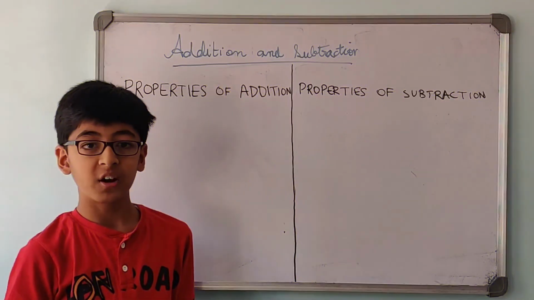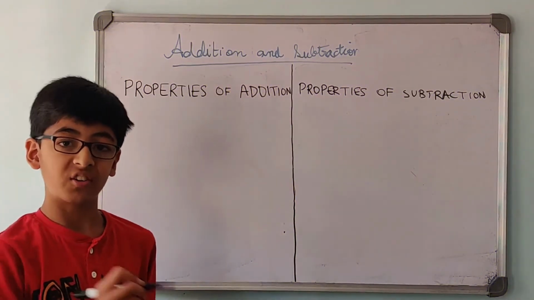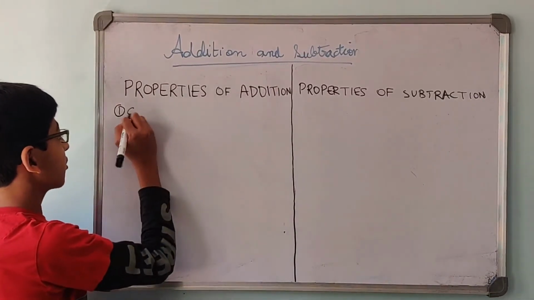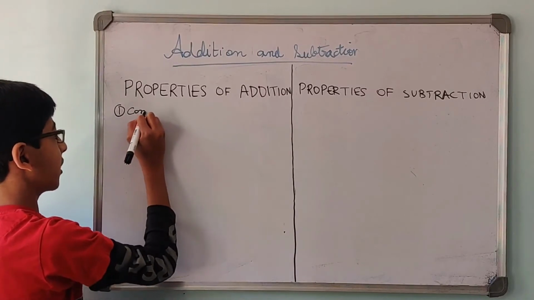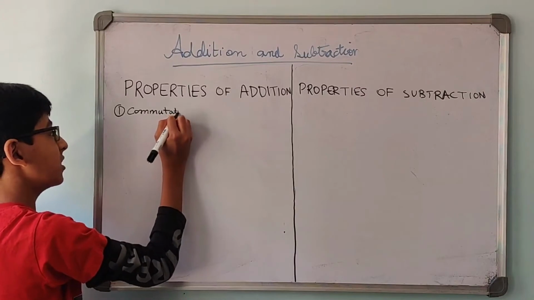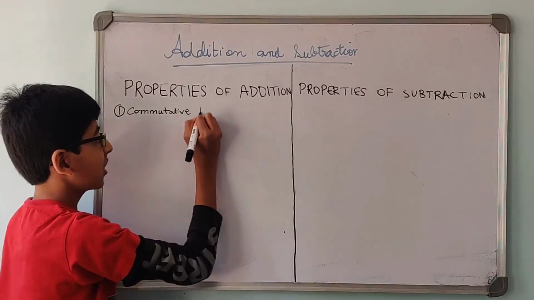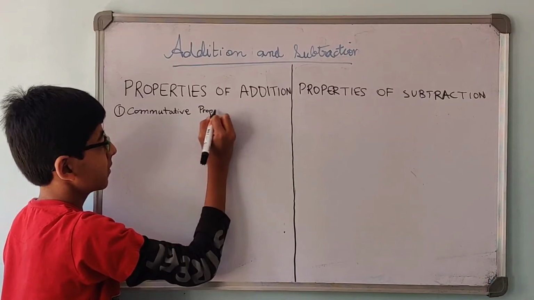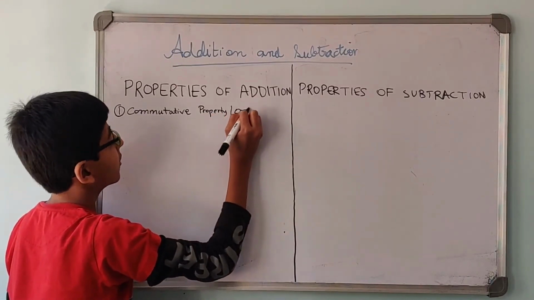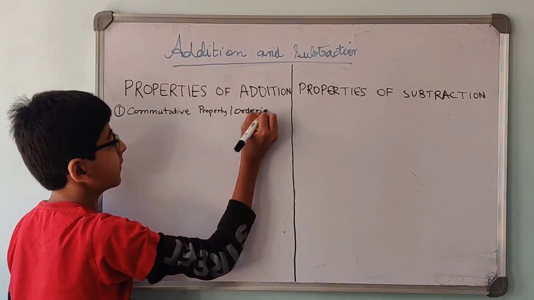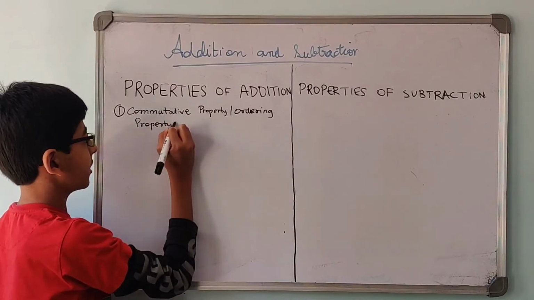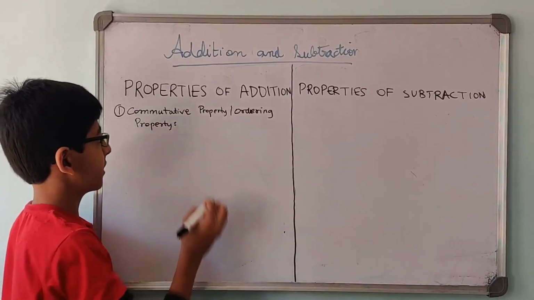So now let us learn the properties of addition and subtraction. Our first property of addition is called the commutative property, also called the ordering property.